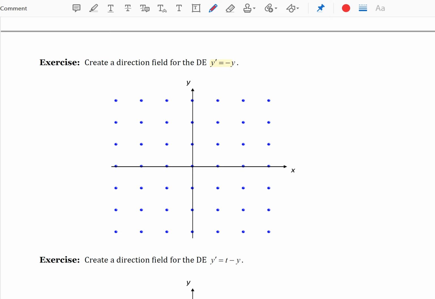And the way you do that is you just evaluate your differential equation at the ordered pair in question. Now, in this example, we're talking about an autonomous differential equation. Remember, autonomous meant it was independent of time.